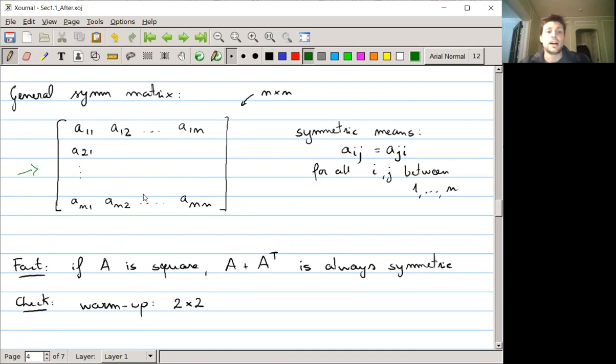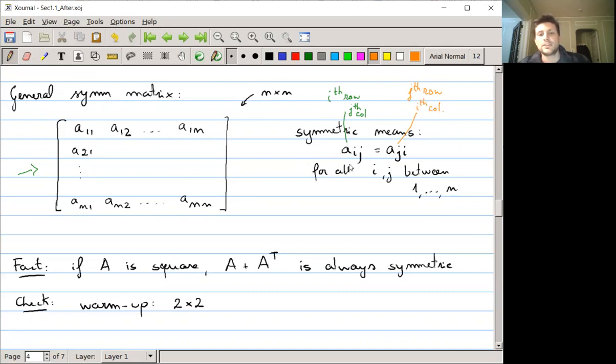So how does a general symmetric matrix look? If I take any random matrix denoted with this abstract notation, then symmetry just means that whatever entry I have in the ith row and jth column must match whatever entry I have in the jth row and in the ith column.